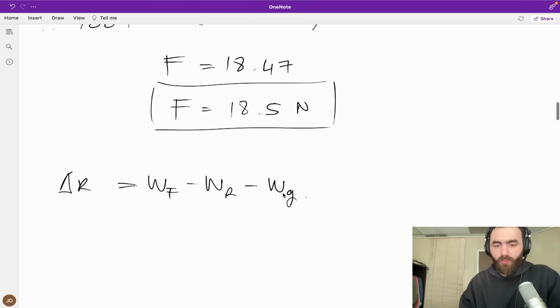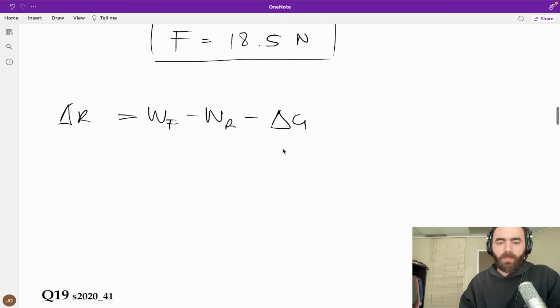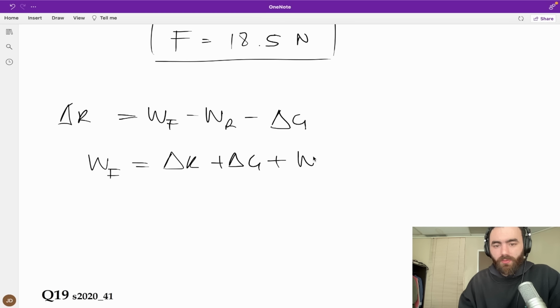Remember from before what I explained, well, this is just the same as the change in gravitational potential energy. And so you could say here that the work done by this cyclist is equal to, if you take all these things over, the change in kinetic energy, because we're getting a loss in kinetic energy, and then a gain in gravitational potential energy, and then the work done by the resistance force, right?